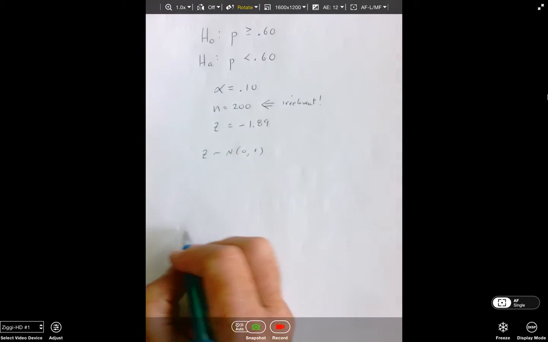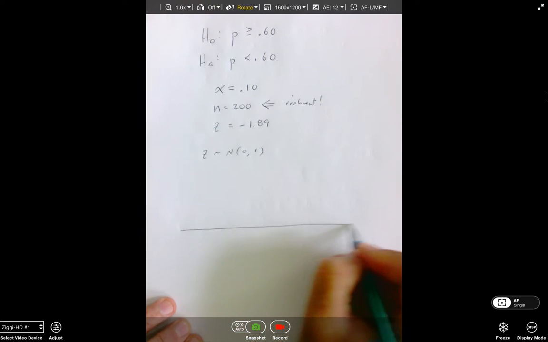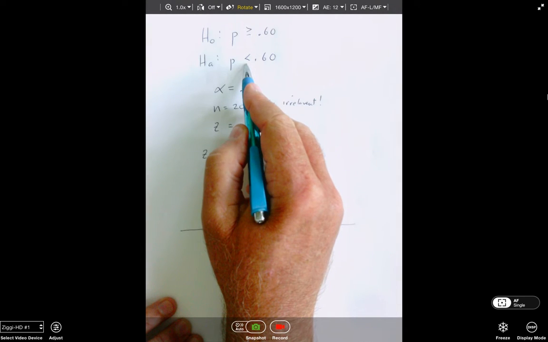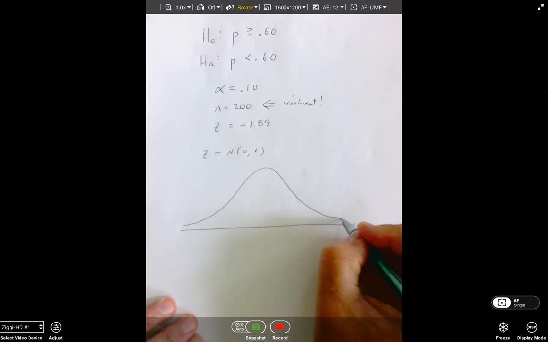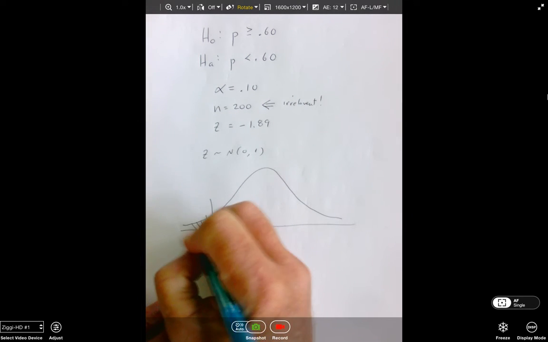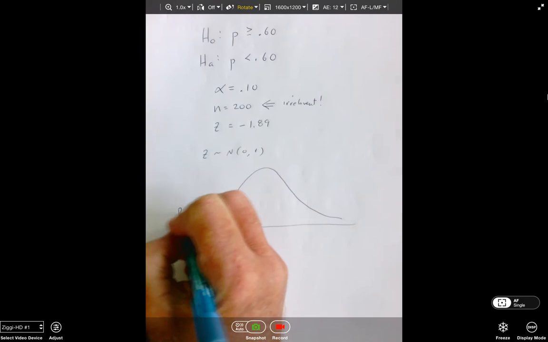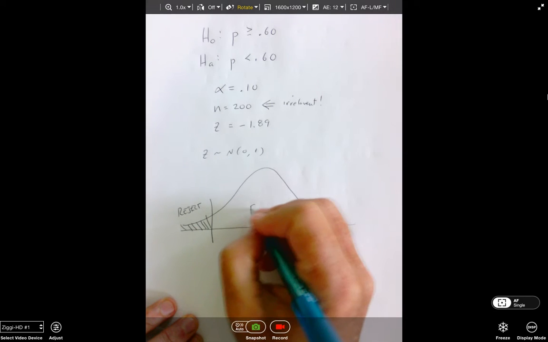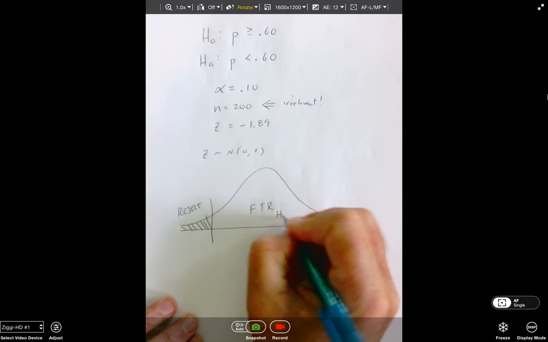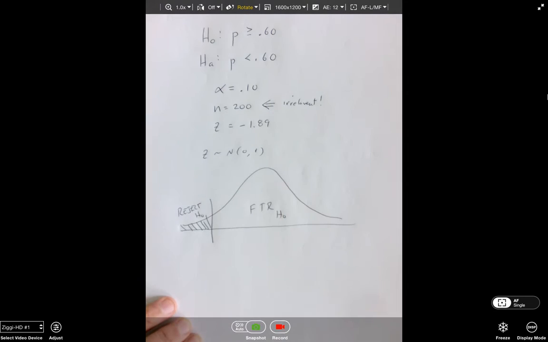So what we have here is a left tail test because we're looking at less than. So gang, this is going to be the reject H sub O region, and this is going to be the fail to reject.